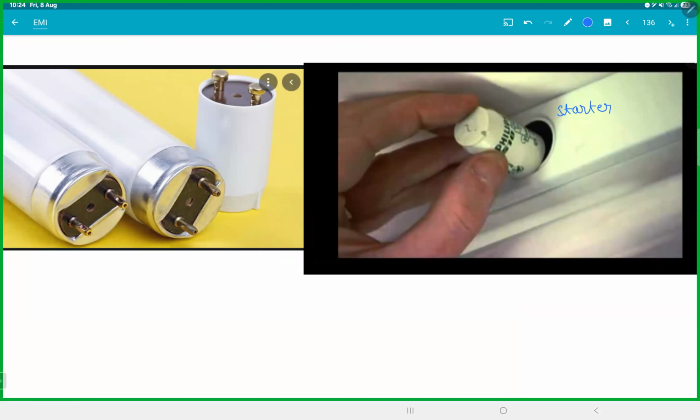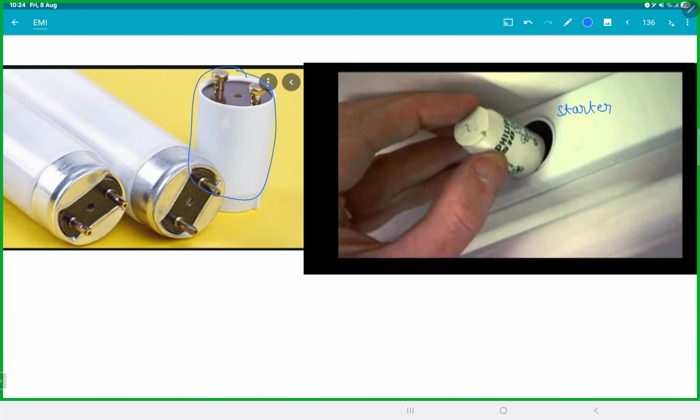Inside you have a small mercury drop and some inert gases. In order for the air to become conducting, you need a high voltage. You need around 10,000 volts to start that tube light. It's actually a mini cathode ray beam inside. Now the problem is your house voltage is only 220. So what this starter does, it takes the voltage, it charges an inductor and discharges instantaneously, generating high voltage.